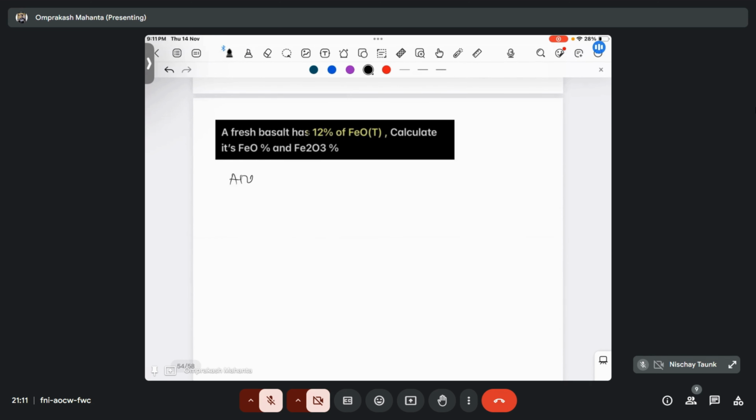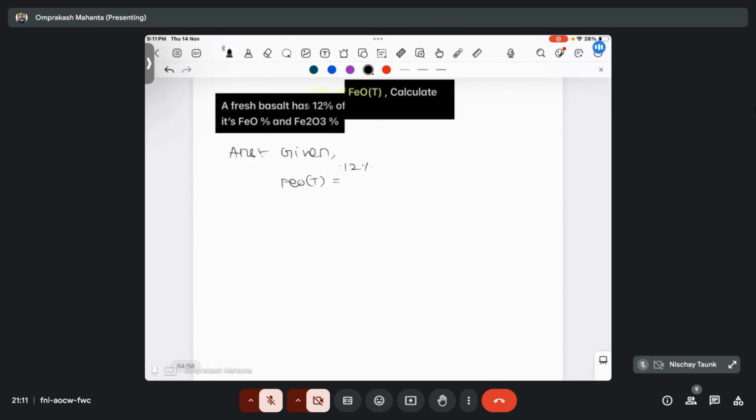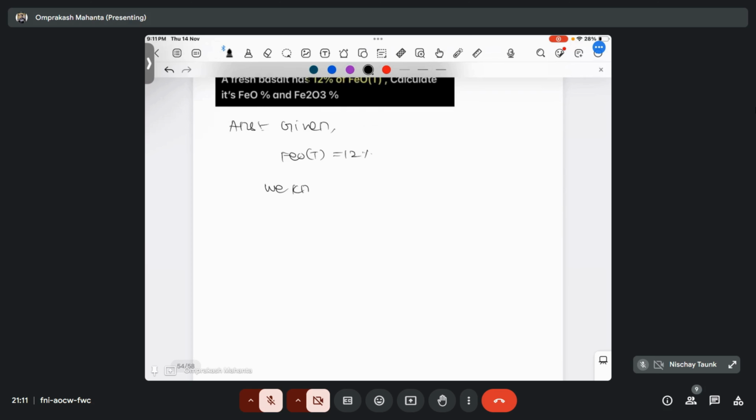If a fresh basalt has 12% of FeO total, here FeO total is given as 12%, and there is a formula. What is the formula? FeO by FeO total is 0.85, which is written in the book.